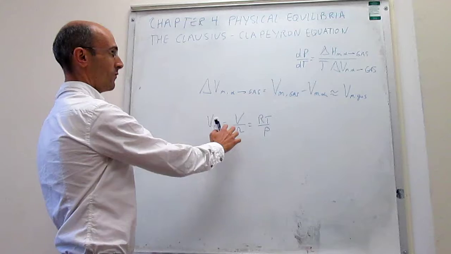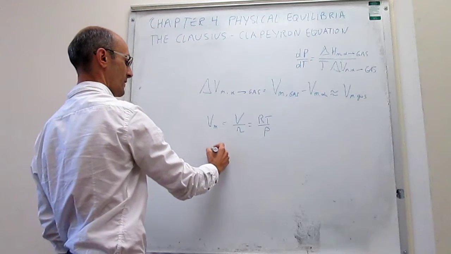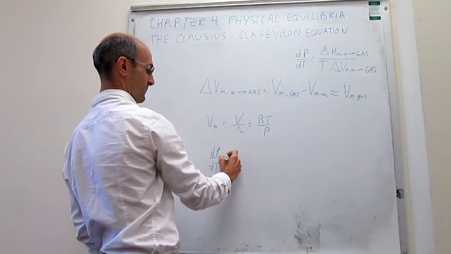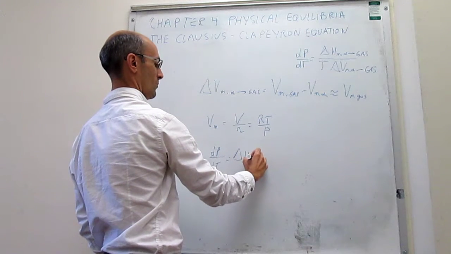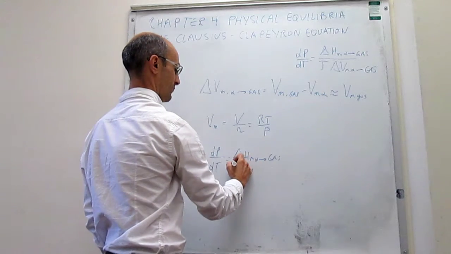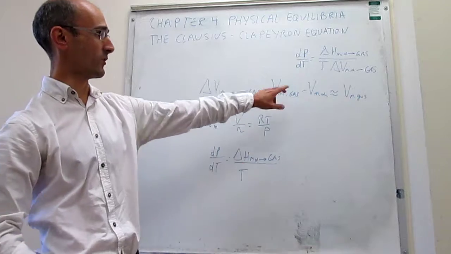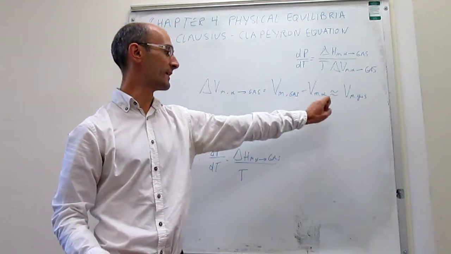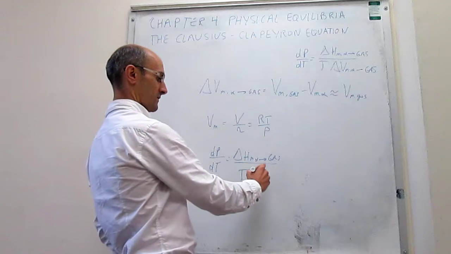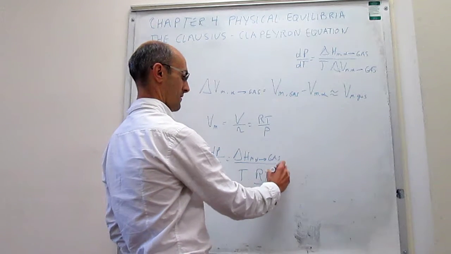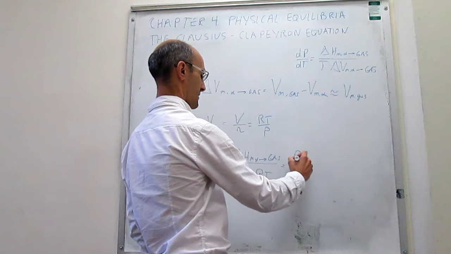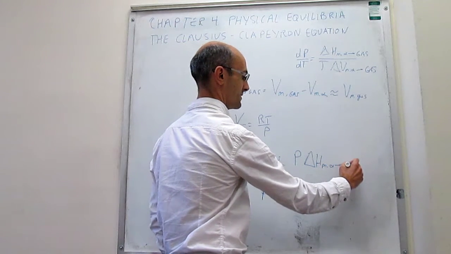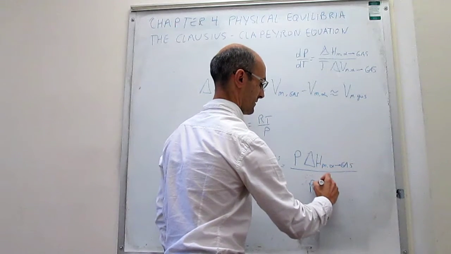And then what that means is that we can retake the Clapeyron equation and rewrite it like this: dP/dT equals delta H molar from alpha to the gas, over the temperature, and the approximation is that we can substitute this change in the molar volume just by the molar volume of the gas, but we agree that this is equal to RT over P. So this is going to be RT over P. This is just going to end up being pressure times the change in molar enthalpy of the phase transition that finishes in a gas, and then over RT squared.